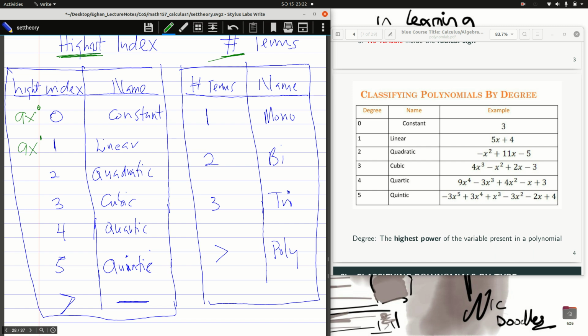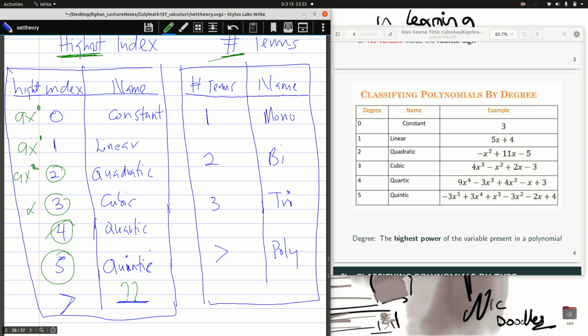Quadratic means I have ax to the power 2. The highest order is 2. So index 2. Index 3 means it is cubic. Index 4, quartic. Index 5, quintic. Then the question is, what happens when it's greater than 5? What name do we give to that? Please, you check that for me.